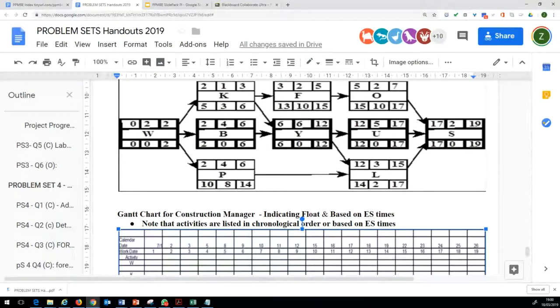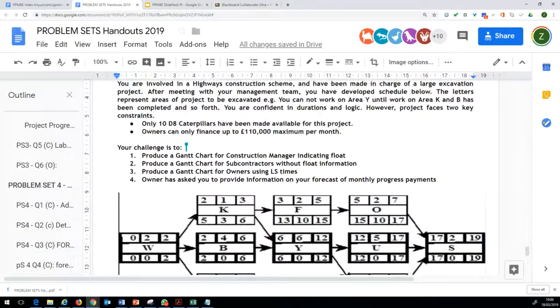And for activity F, it will be a late start time of 13 and a late finish of 15. So exactly what we did, but rather than using the top boxes to do your calculations, we will be using the bottom boxes, which basically indicate the late start and the late finish time. So I hope it makes sense.